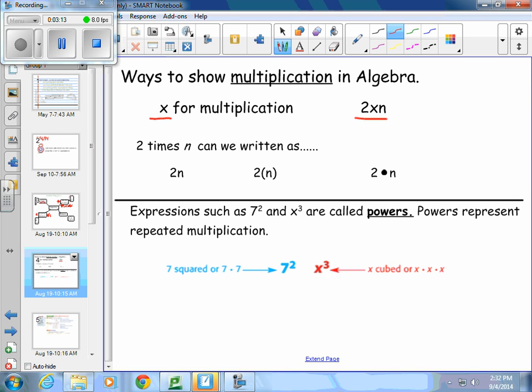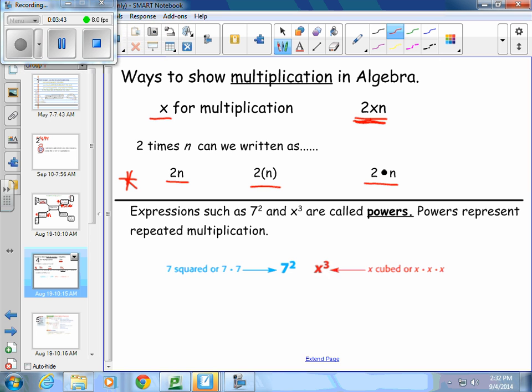So 2xn can be kind of confusing. Once we're used to working with variables, we aren't sure if it's a multiplication or if it's a variable. So we can also write it as 2n, 2 and then n in parentheses, or 2 with a little dot n. All of these mean the same thing: 2 times n.